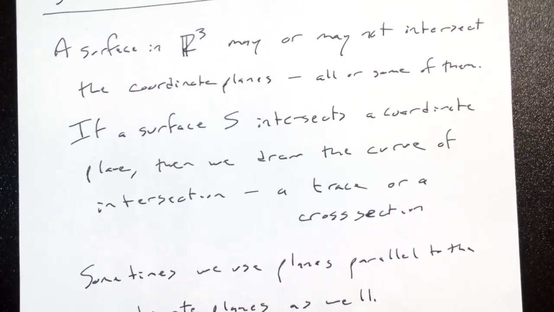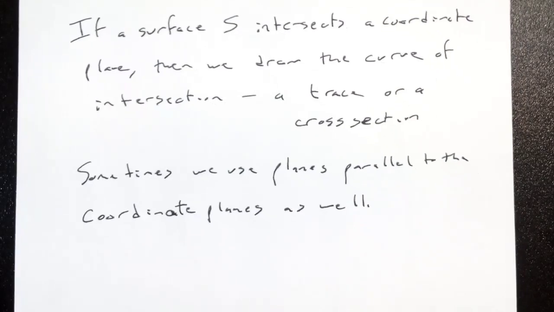So instead of just saying, I'm going to look at where my surface crosses the XY plane, I can say not only am I going to look where it crosses the XY plane, I'm going to look where it crosses a plane of height 2, or a plane of height 4, or a plane of height -2.